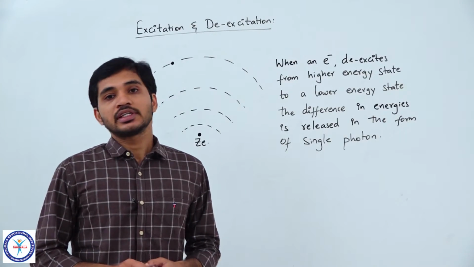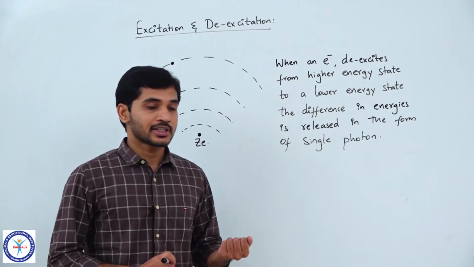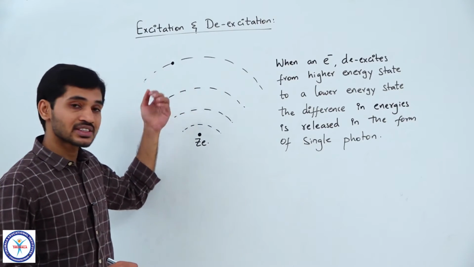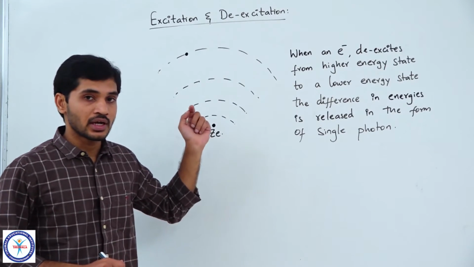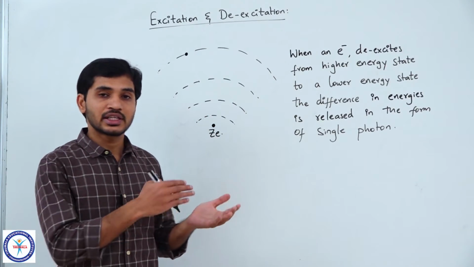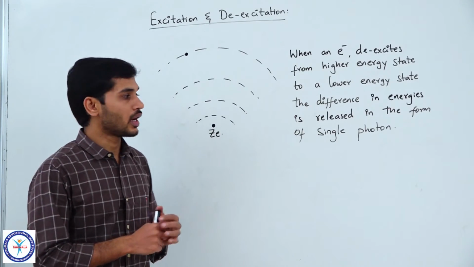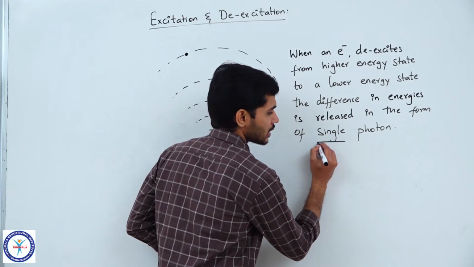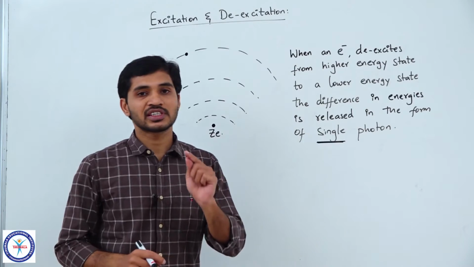So let's discuss de-excitation now. I've told you earlier that de-excitation basically means an electron which is in a higher energy level loses some of the energy and transitions to a lower energy level, and when such a thing happens, the difference in those energy levels will be released in the form of a photon. One important thing you'll have to keep in mind, as I told you during the third postulate, is that the difference in energies is released only in the form of a single photon.